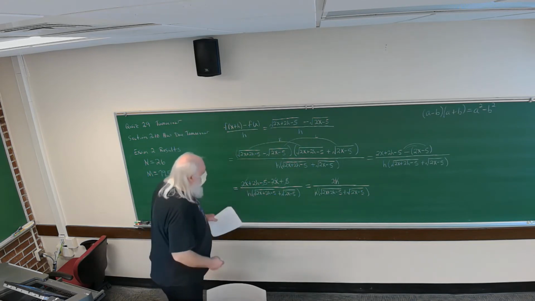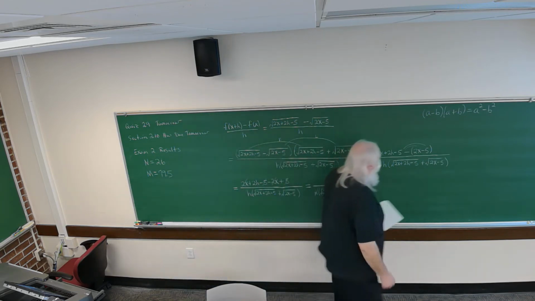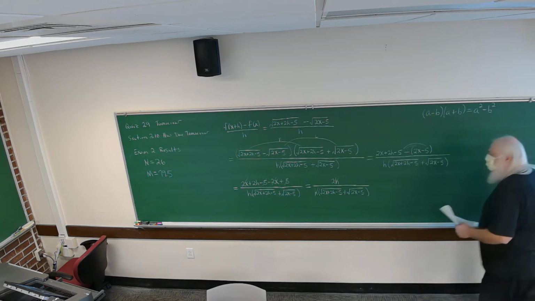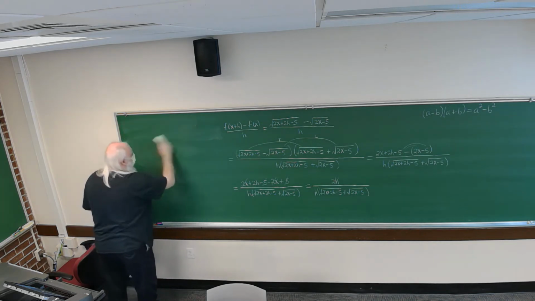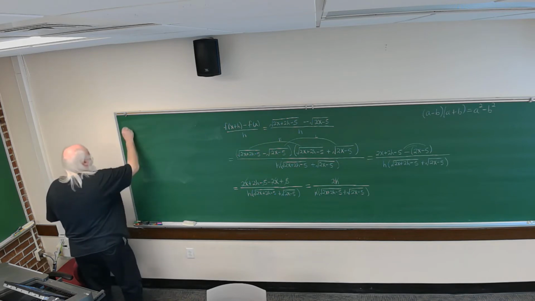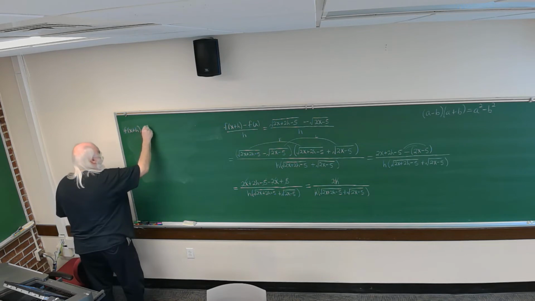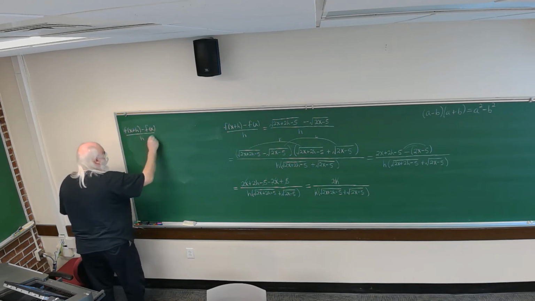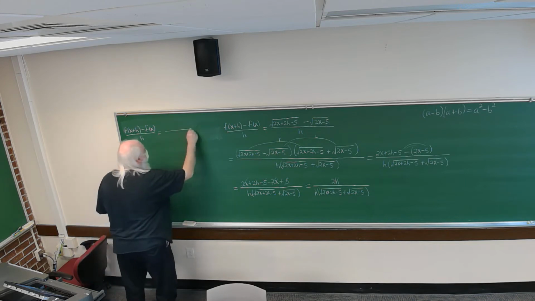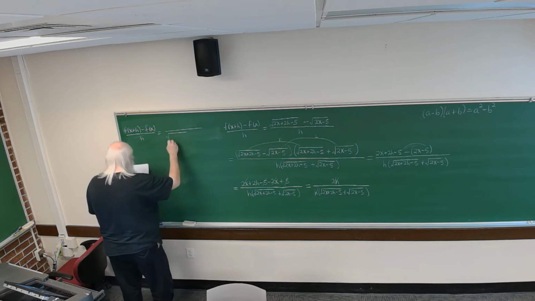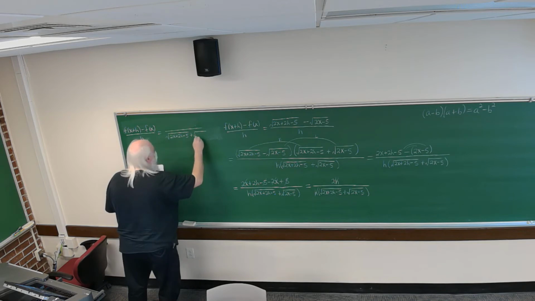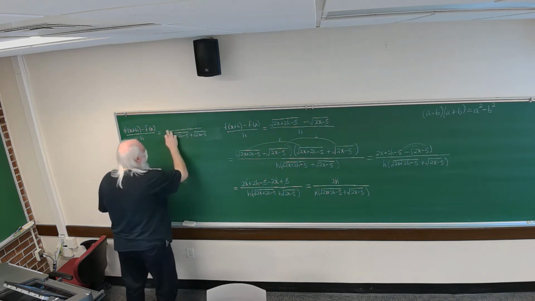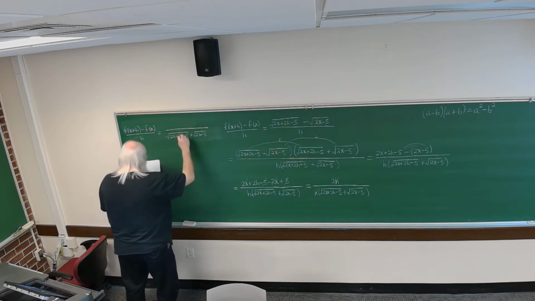And so our difference quotient after it's been rationalized is equal to square root 2x plus 2h minus 5 plus the square root 2x minus 5 in the denominator. 2 in the numerator.